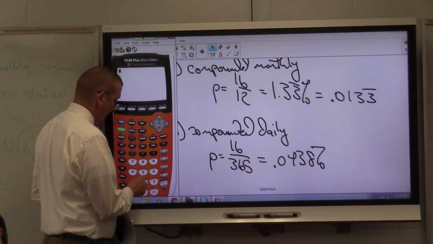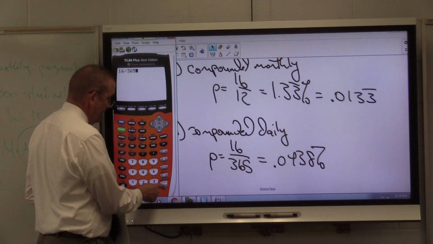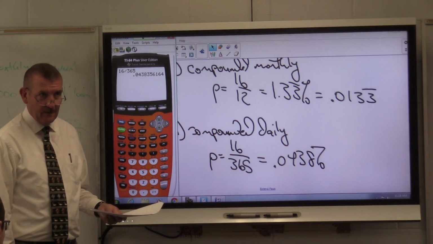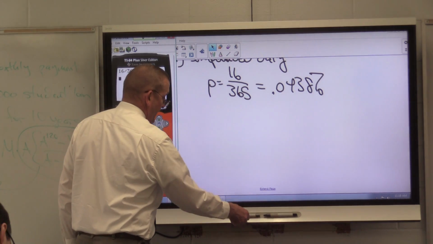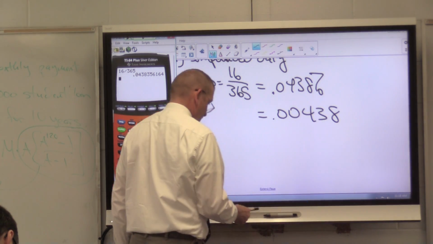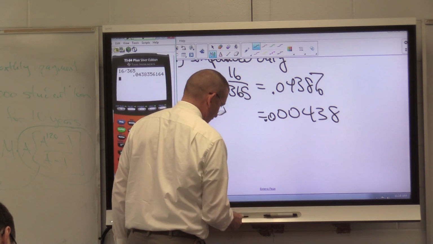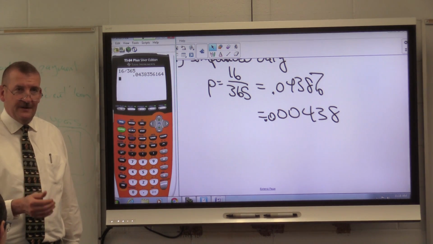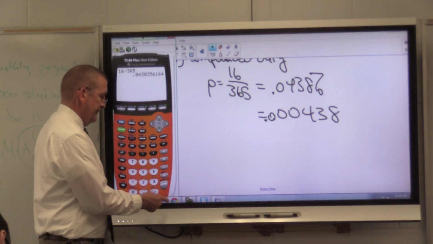If you go to your calculator and put 16 divided by 365, you get 0.0438%. What would that be as a decimal? It's 0.000438, three zeros. Remember, to make a percent a decimal, you move the decimal two places to the left.